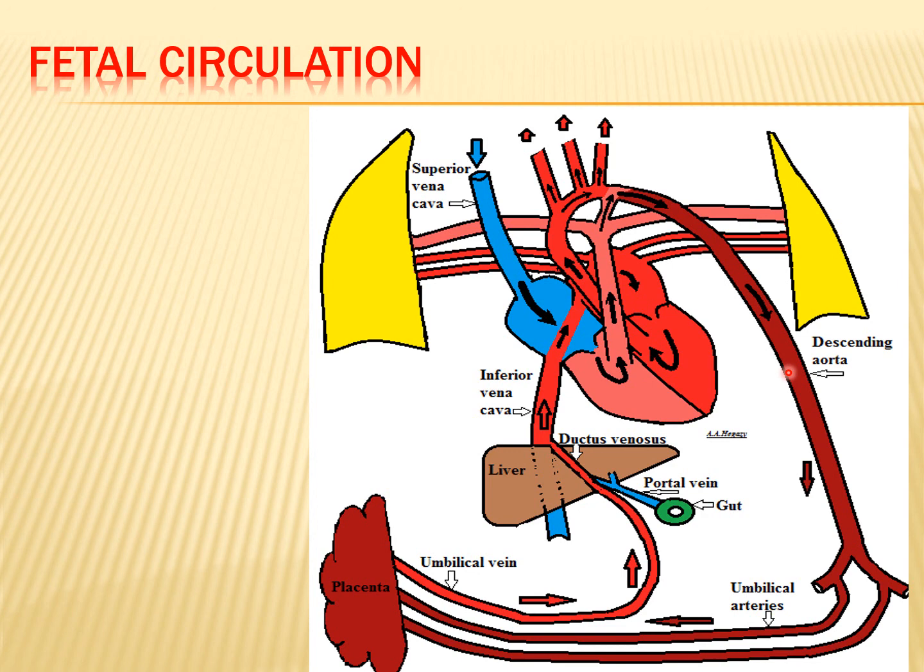This is another cause for slow development of the lower half of the body. Then the blood passes through the descending aorta to the iliac arteries, to the 2 umbilical arteries, to return to the placenta. This is the circulation of the fetus during the intrauterine fetal life.